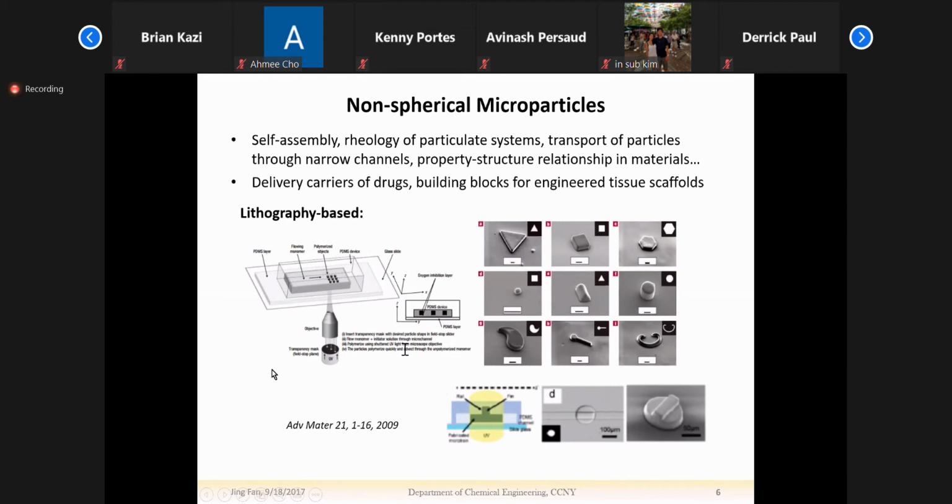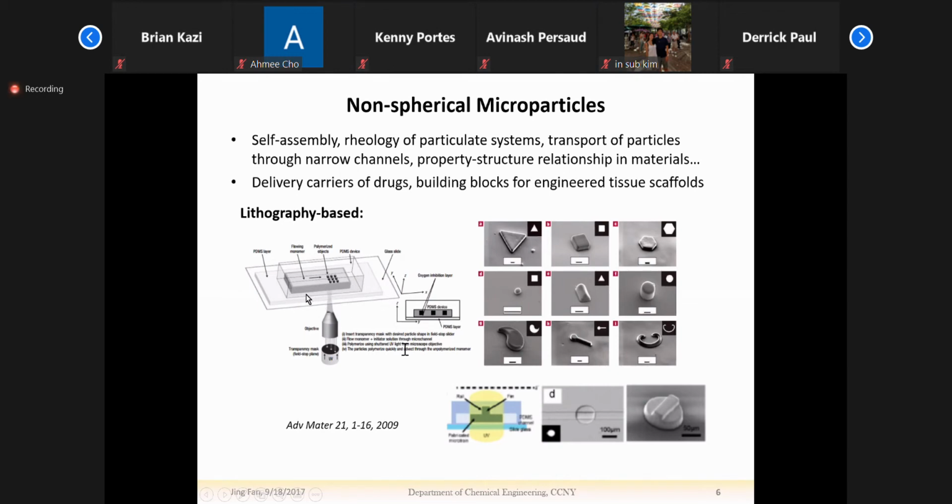For example, you may have a rectangular mask with multiple triangle shapes. Then when you shine UV through this mask, only that triangular area would be exposed to UV, right? So the solution in that area will be solidified to become hydrogel particles.